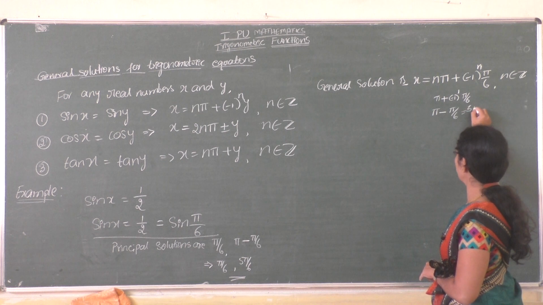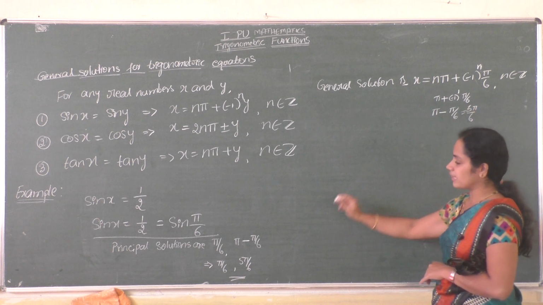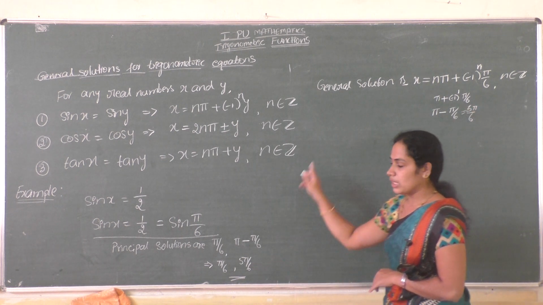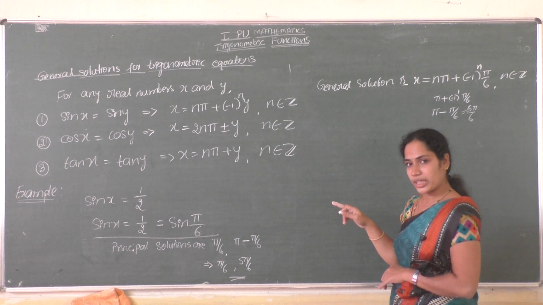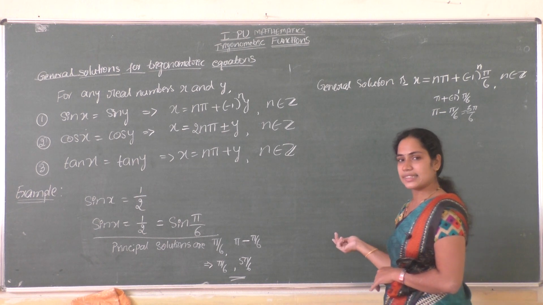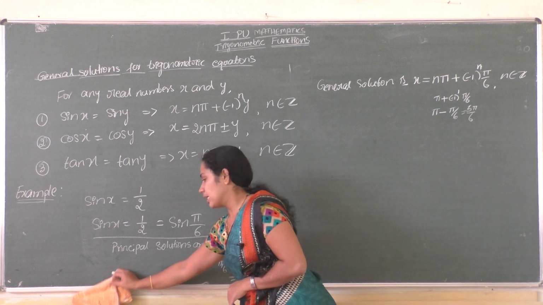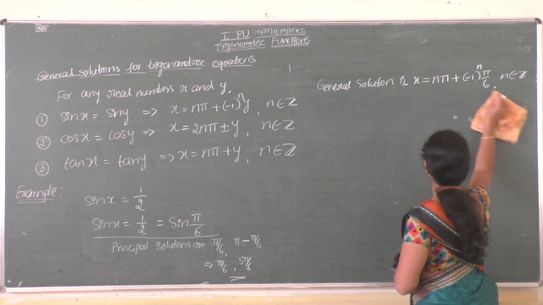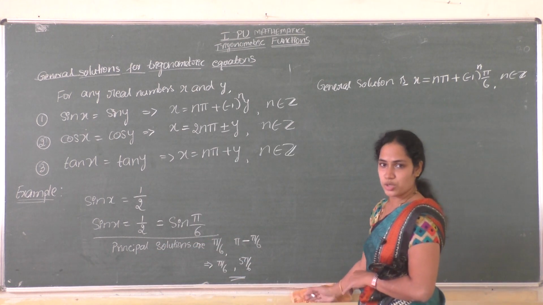What is the value? 5 pi by 6. That is the next value. Next, for one more rotation, we will get next values. That is called as general solution.